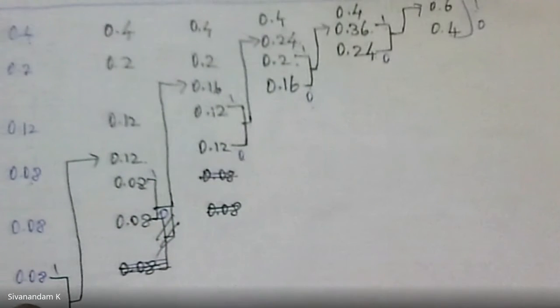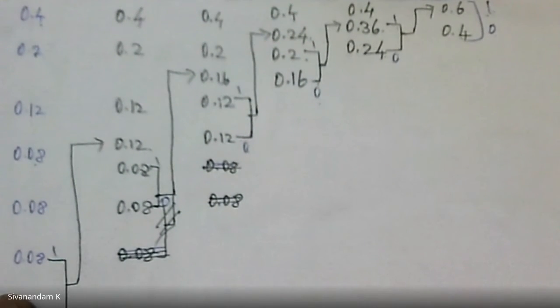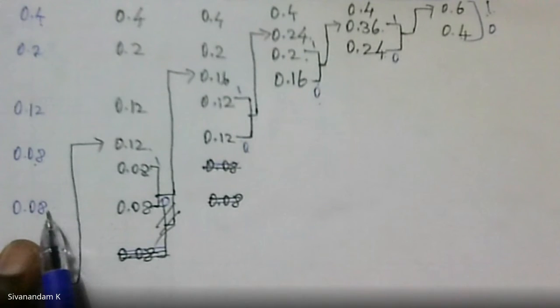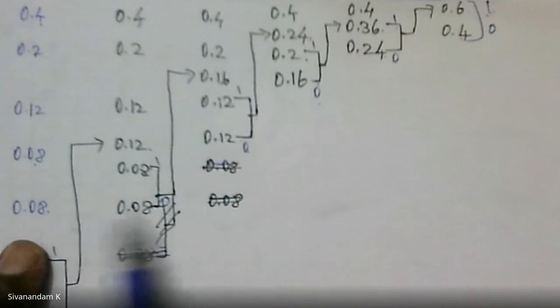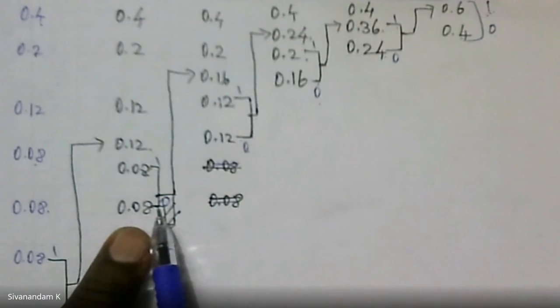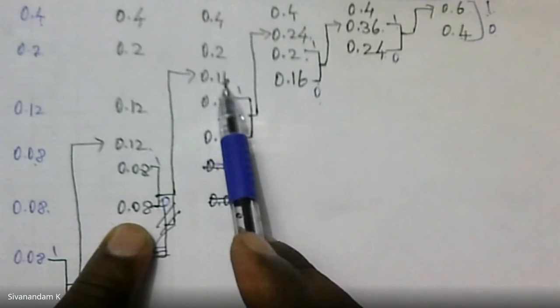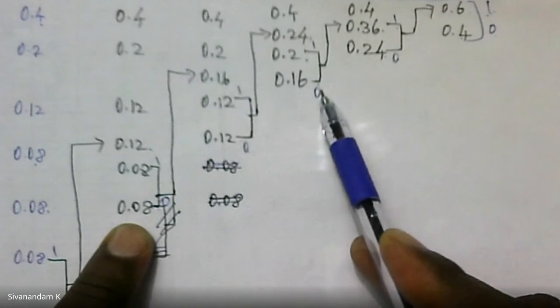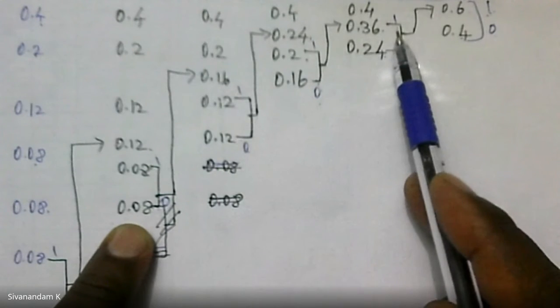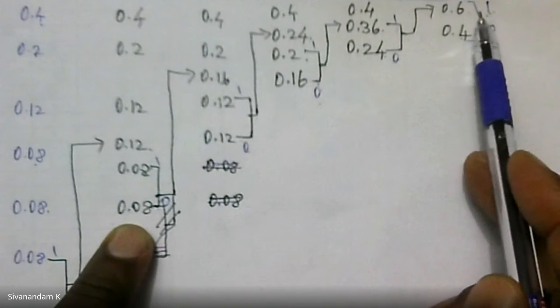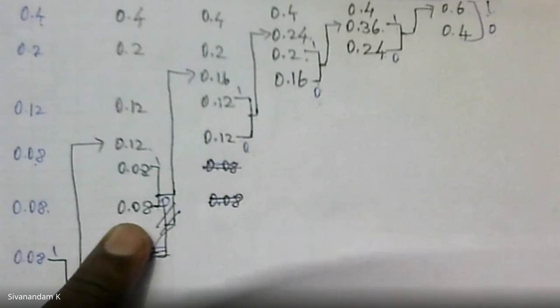Next message 6, 0.08, here assigned as 0, here no assignment, here 0, next step 1 and again 1. So 0, 0, 1, 1.